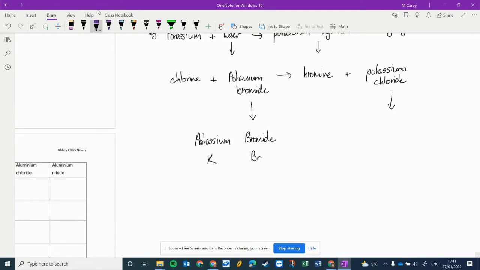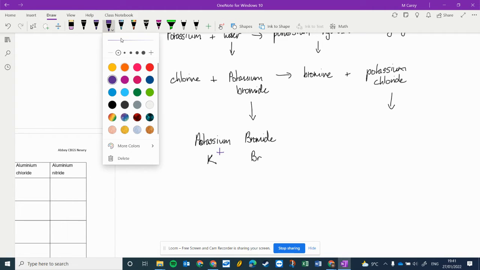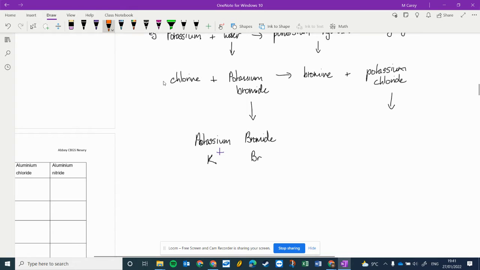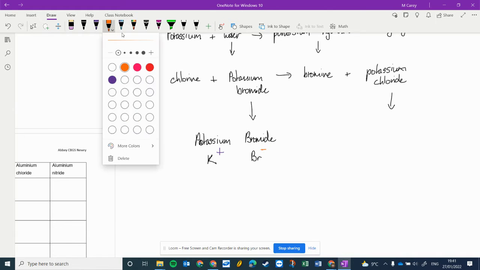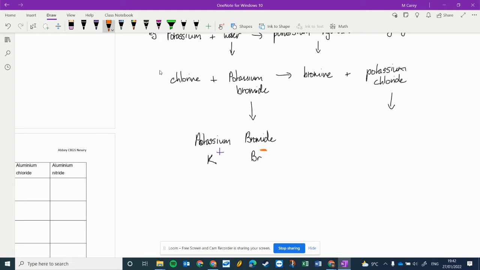So that's K plus. I'm going to try and use a different color for this. Br minus. So K plus and Br minus.